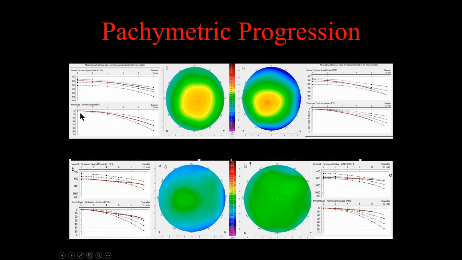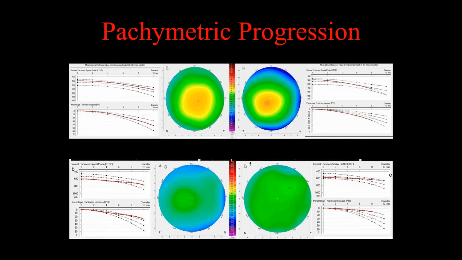So what this shows you is the rate of change in corneal thickness going from the thinnest point to the periphery. Now, normal eyes have a certain normal progression from the center, which is the thinnest, to the periphery. Keratoconic eyes actually change more rapidly.